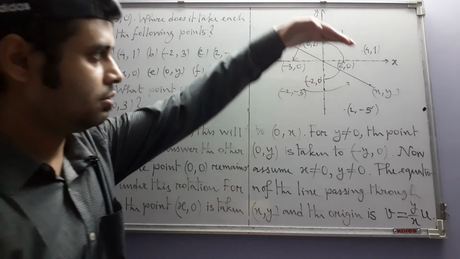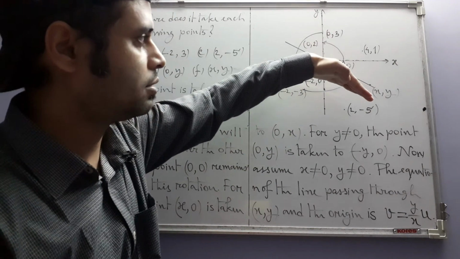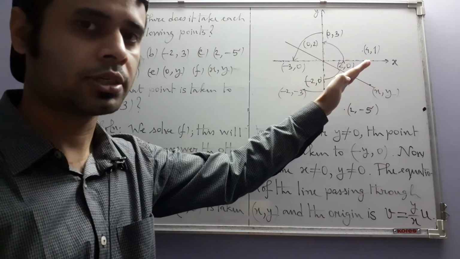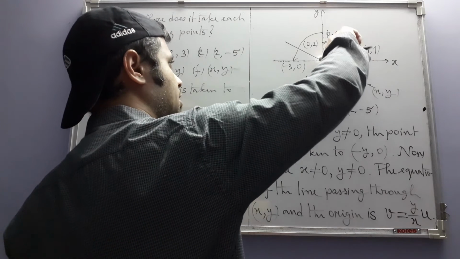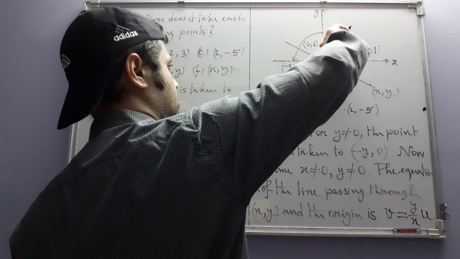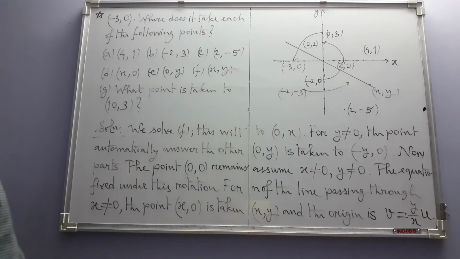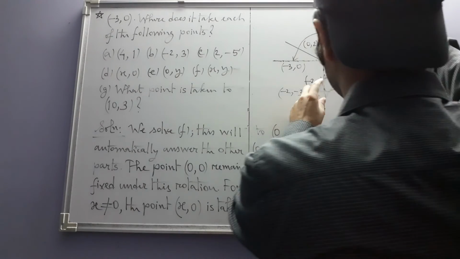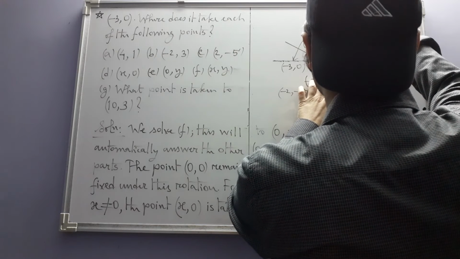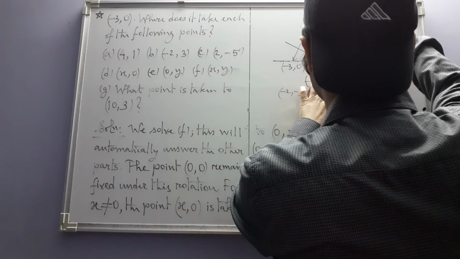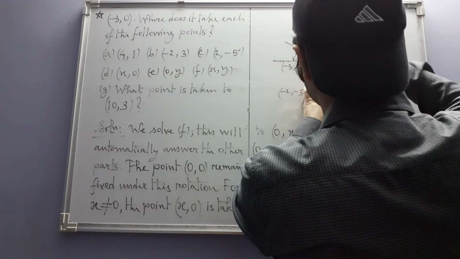Now when we perform that counterclockwise rotation through 90 degree, the point will rotate like this, and its final position will be on this line, that is perpendicular to this line and is also passing through the origin.